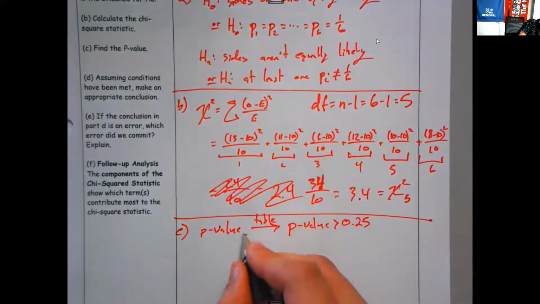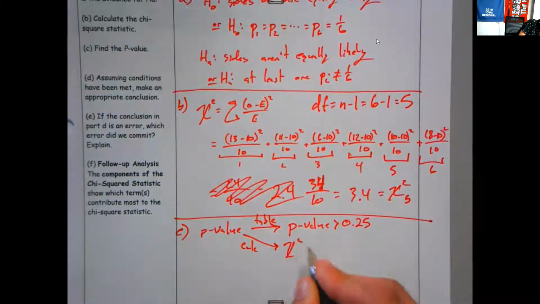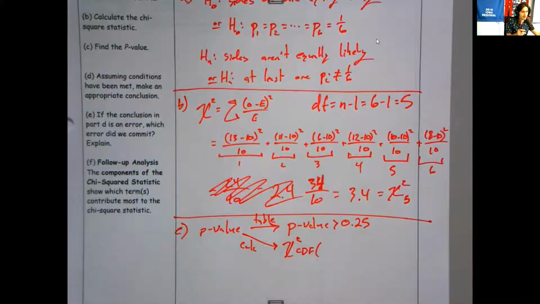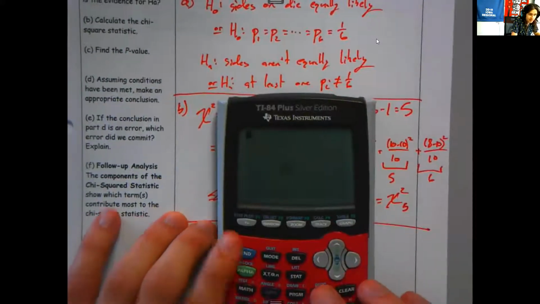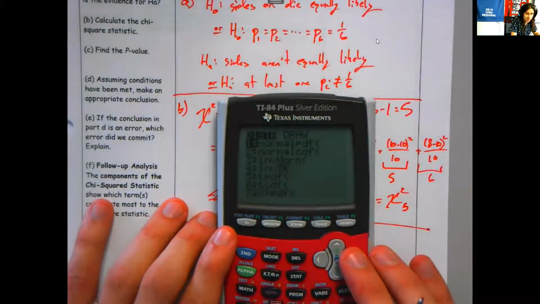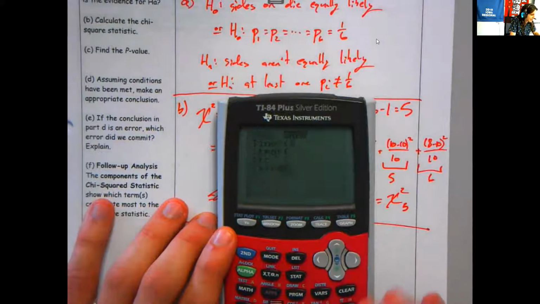If I did it with my calculator, that'd be chi-square CDF: lower bound, upper bound, degrees of freedom. Let's do that real quick. We can go on here, hit second vars, pull up our stat distribution menu, go down to chi-square CDF, hit that.